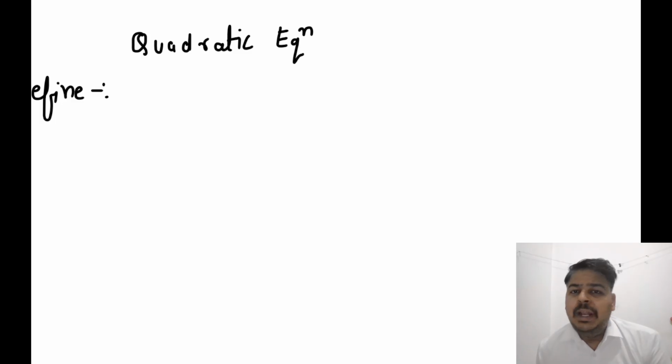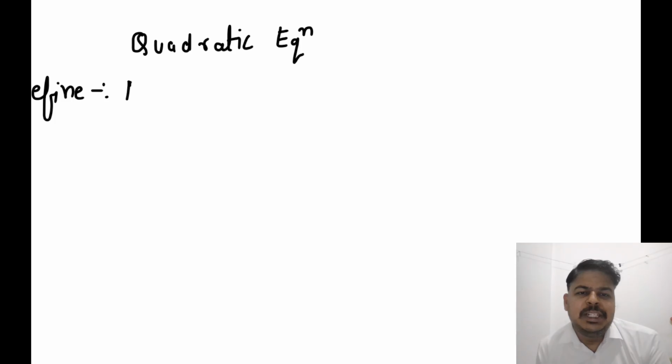You also read in class 10, chapter 2, polynomials, the quadratic polynomial, but in this chapter it is the quadratic equation. There is a slight difference between the equation and the polynomial.